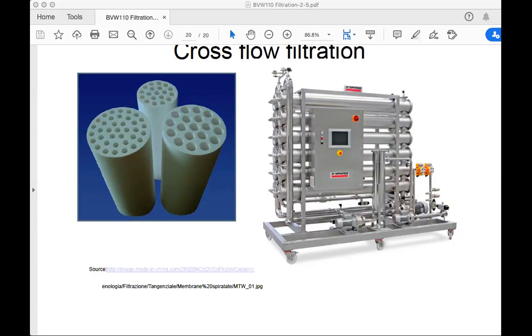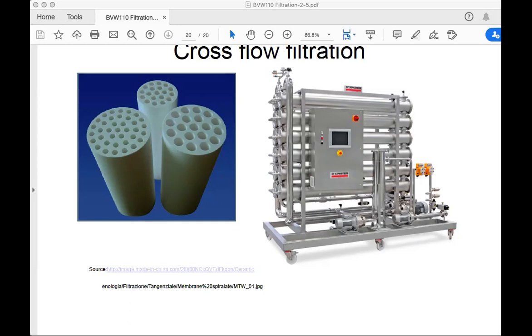So the definition of sterile is free from microorganisms, and to achieve that, the filtration media would have to be less than 0.45 micron in size.